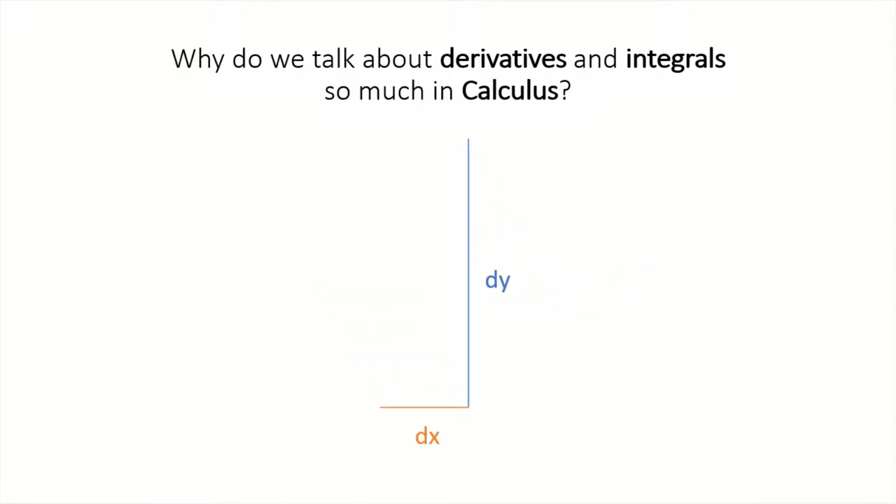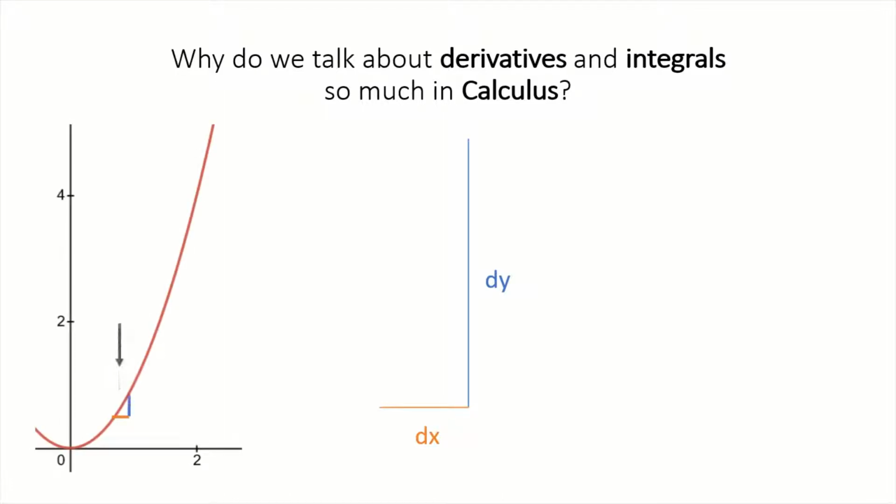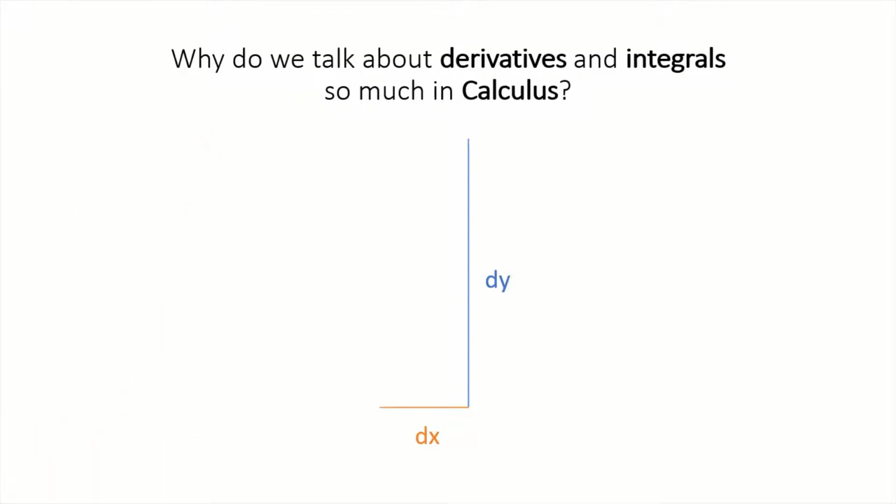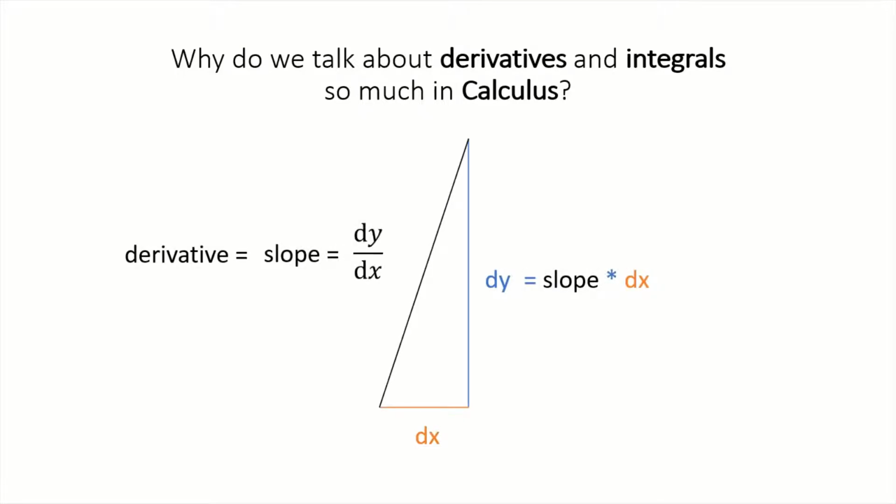The proportion of an infinitesimal at a point along the x component of a function to an infinitesimal at that point along the y component of the function is the instantaneous slope, or the derivative, of that function. We see therefore that the concept of the derivative is the natural object of study in infinitesimal calculus, because it gives the infinitesimals their meaning. You can review the previous video to see that integrals follow naturally from derivatives as well.